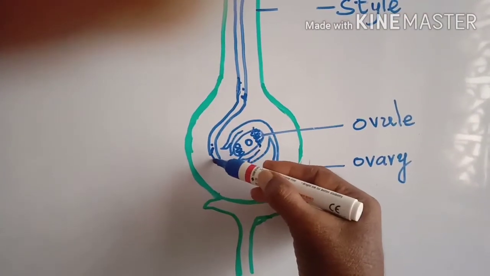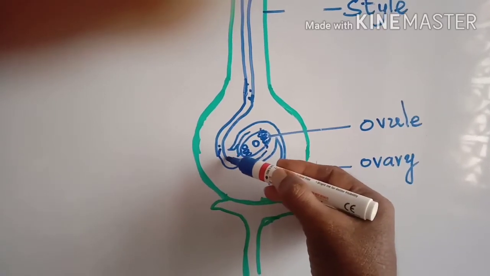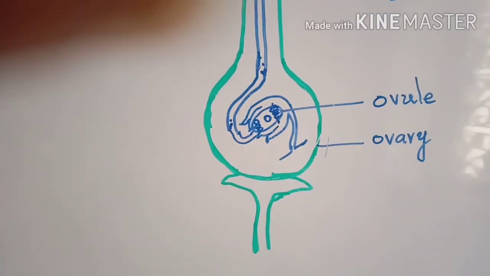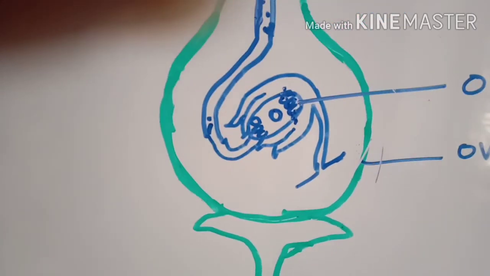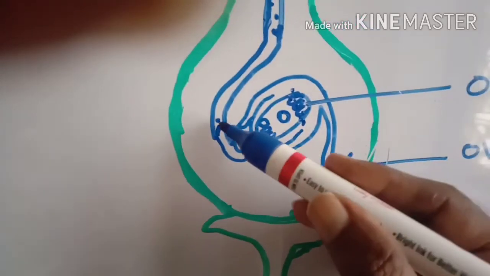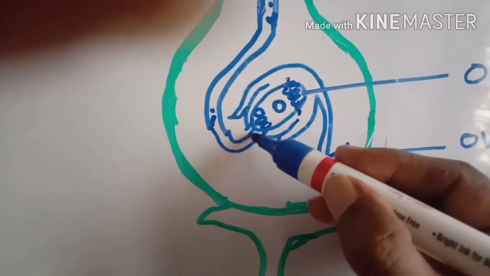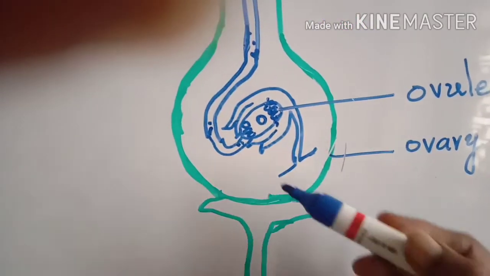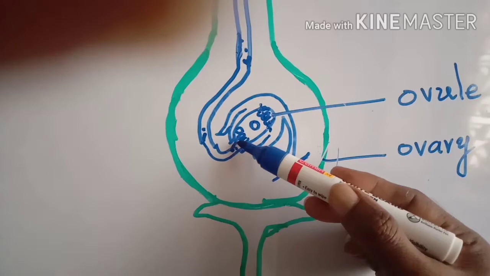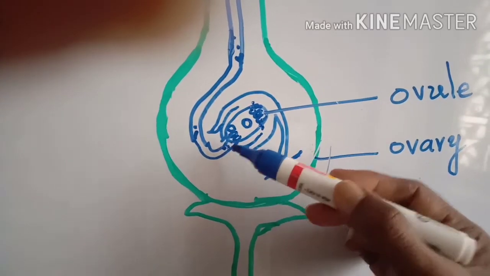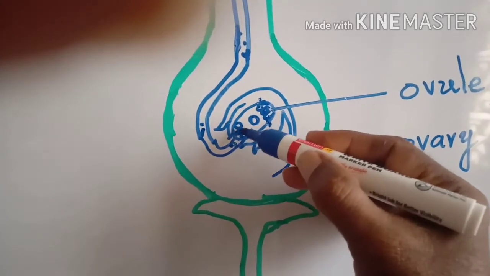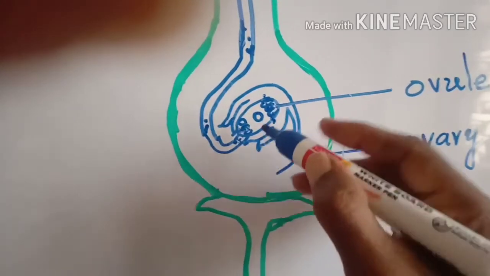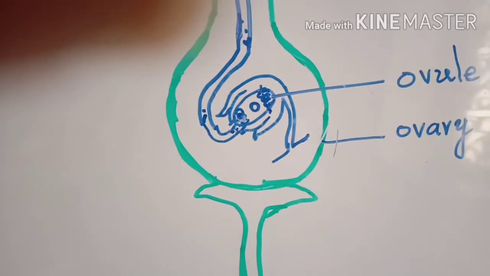Then this tube gradually travels like this and opens into the micropyle. Then what happens? The two male nuclei reach this part. First of all, one male nucleus enters into the ovule. Whenever one male nucleus enters the ovule, it fuses with the female gamete there and forms a zygote.